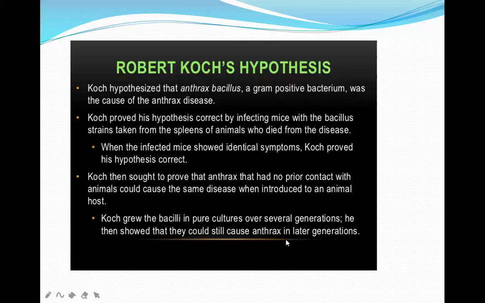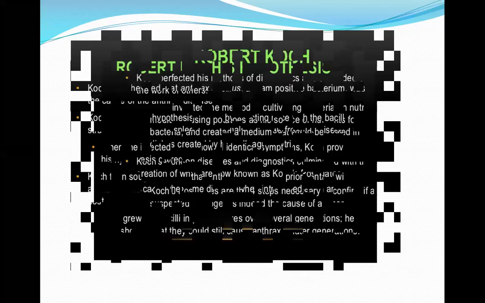So here Koch shows that the pathogen, when isolated from the infected person or animal, cultured in pure form, and transferred to a healthy animal, plant, or human being, shows the symptoms of that disease, then Koch's hypothesis is correct.